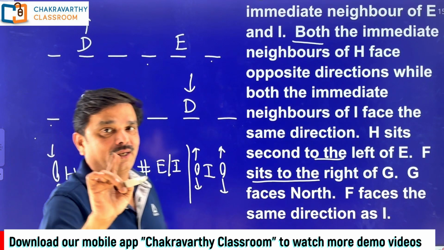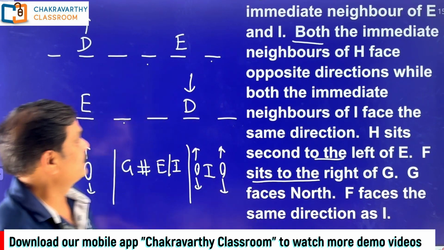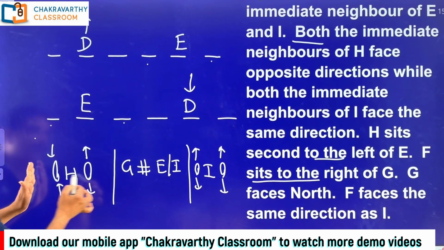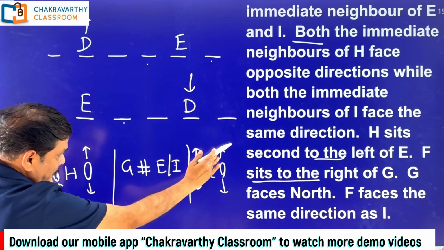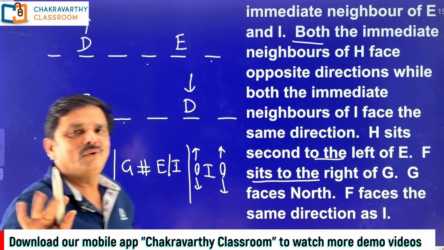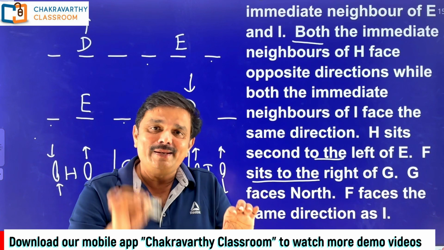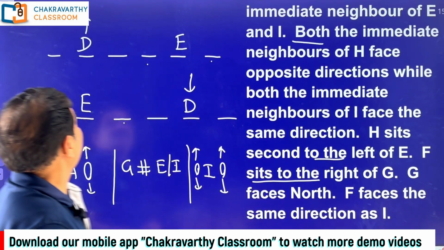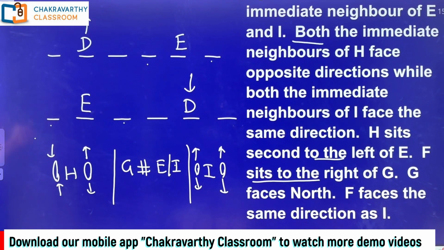Every time you have to think in this way. Go by the elimination process. Can I do anything here? No, nothing, because if you combine these 3 clues or take them individually onto the chart, nothing is going to happen. I still need some more data for further elimination. Or else try one more time. No way actually.